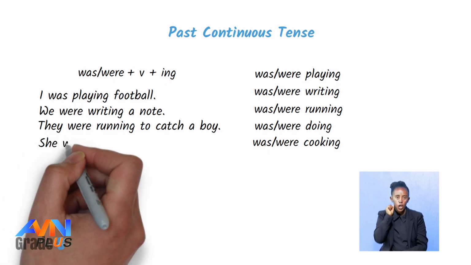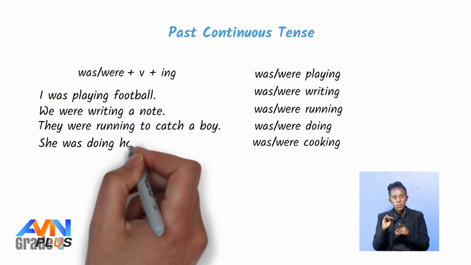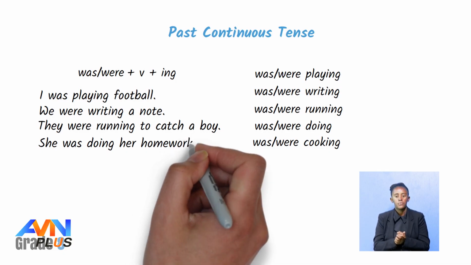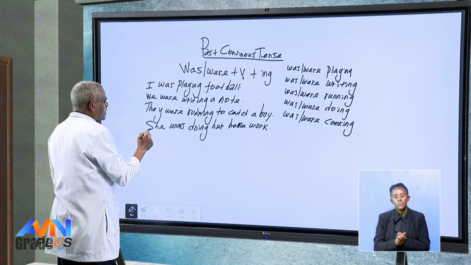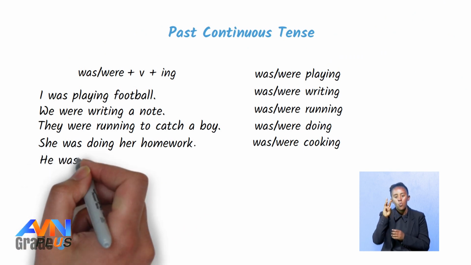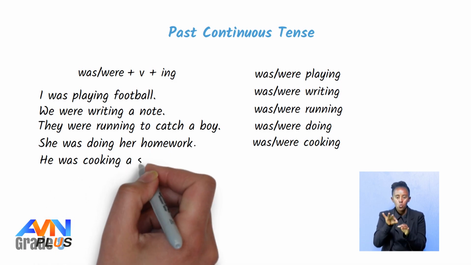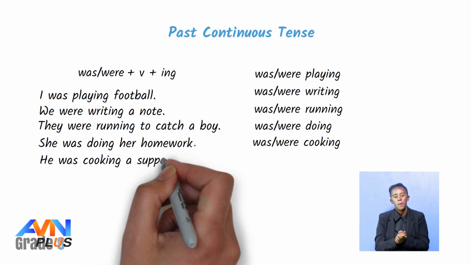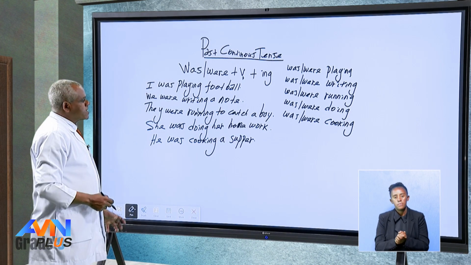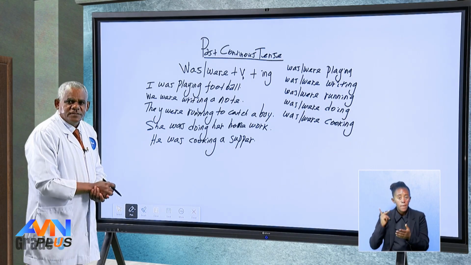She was doing her homework. He was cooking a supper. You are welcome to make sentences like this. These are all standard for referring to past continuous tense.